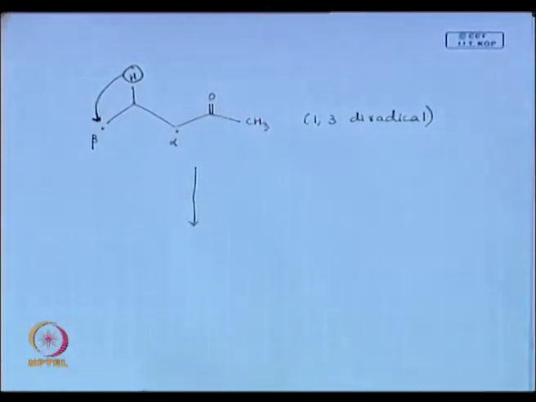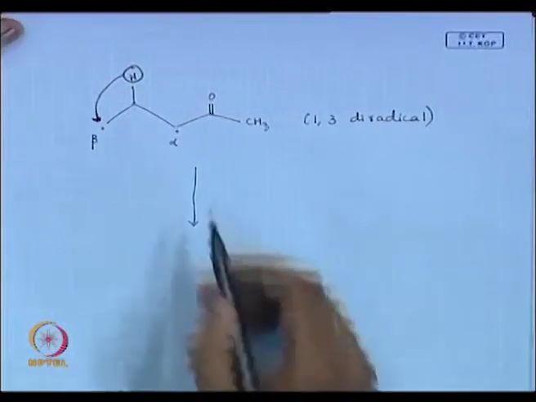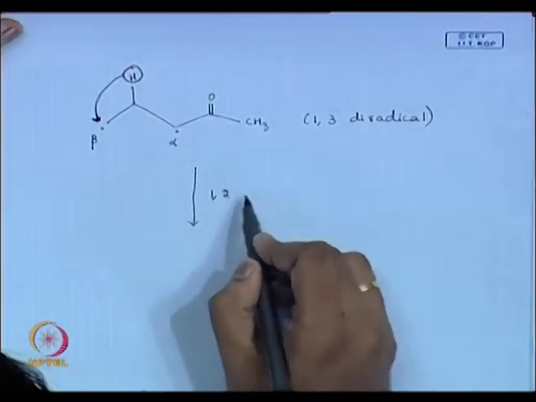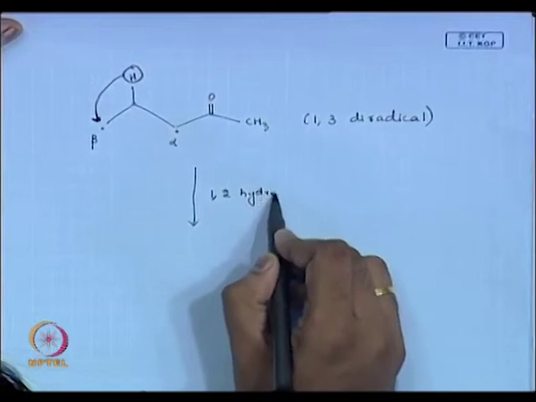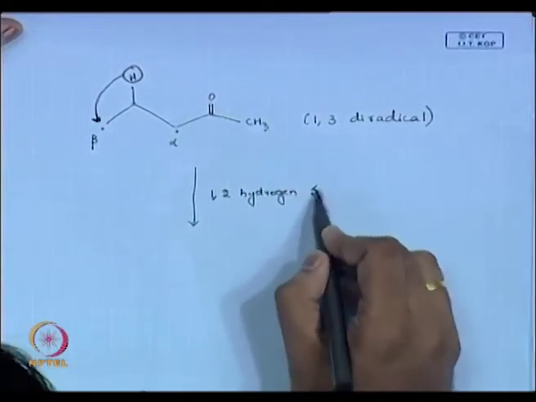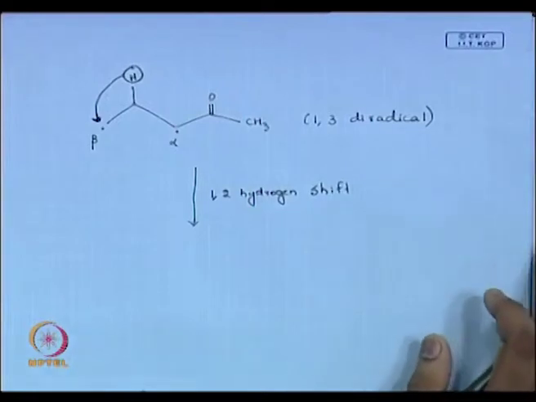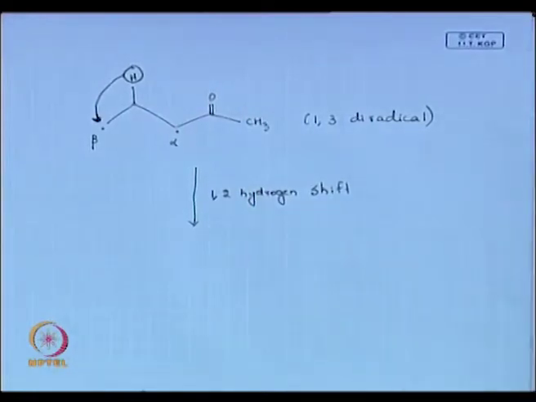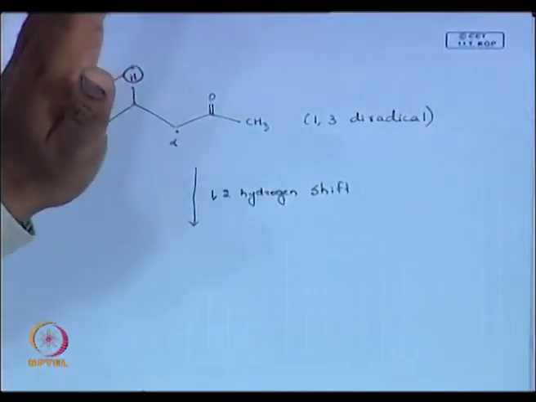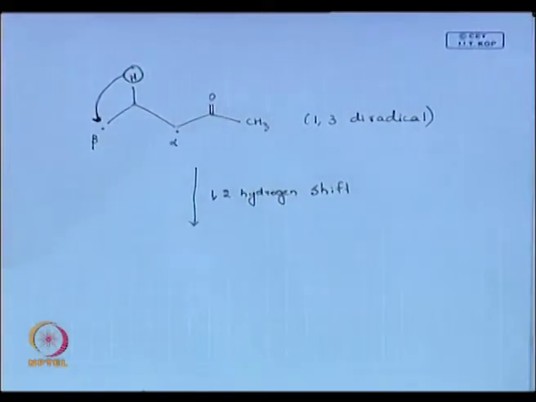So, you can do a 1,2 hydrogen shift. The idea is that you should know what a 1,5 diradical does, what 1,4 does, what 1,3 does. You should know these three radicals. Once you know the photochemical step, you are going to generate your radical anyway, and then just by radical knowledge you can do this chemistry.